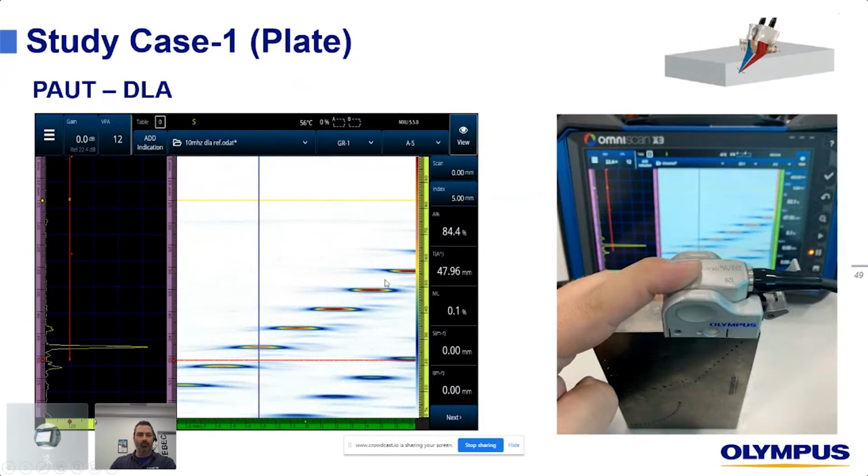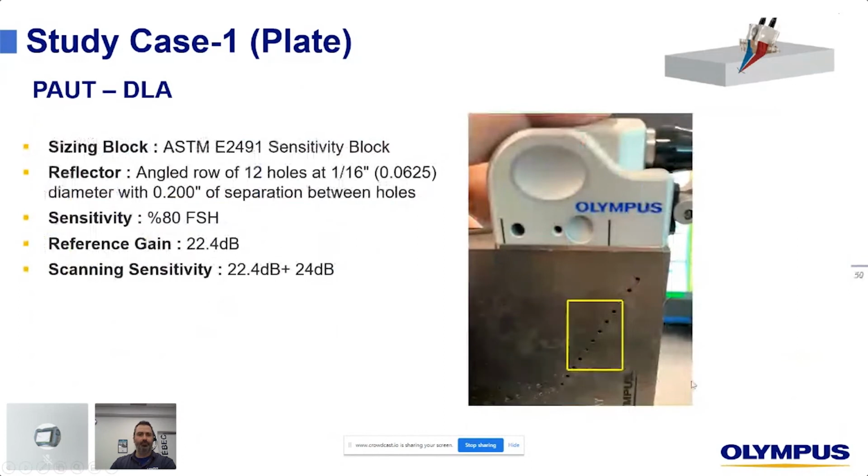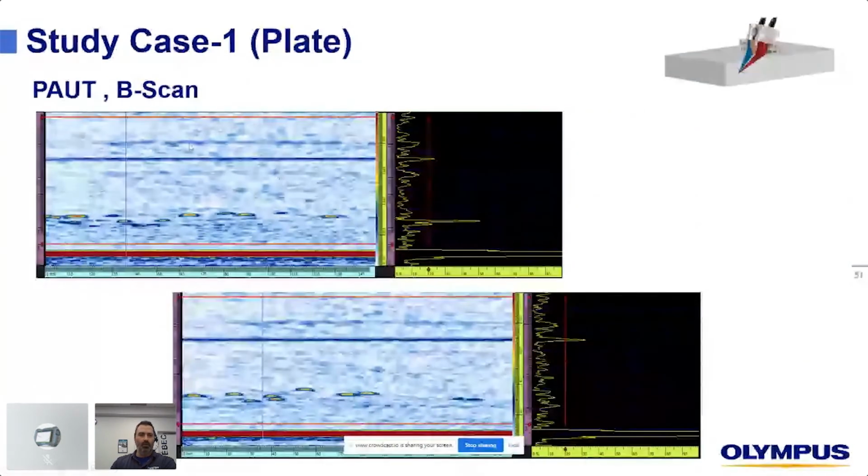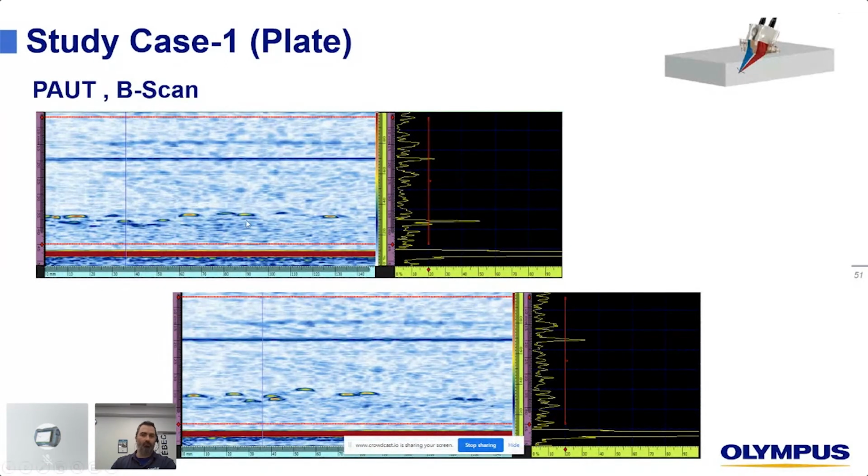So before moving on to the actual block, a bit of demonstration of the sensitivity of the probe, comparing it to a block of side drilled holes. So by normalizing the gain, you get that type of indication, very small, very rounded.